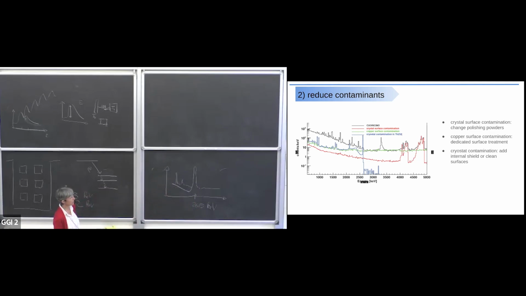The red histogram is what Monte Carlo predicts for events produced by crystal surface contaminations. The green one is the one that explains this flat background, a Monte Carlo prediction for copper surface contamination.